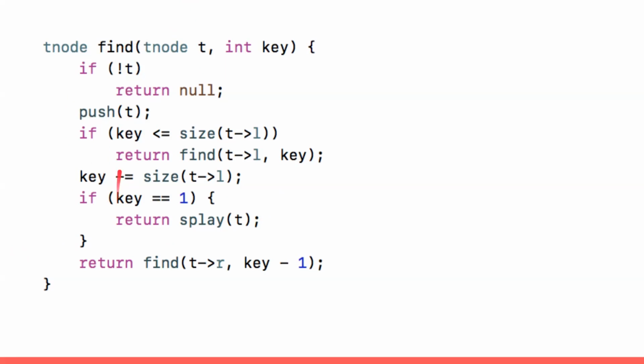And that is what we are doing in find. Before trying to access any vertex, we should push. So here in find, we are pushing this. And after that, we are just doing everything we did before. Yes.